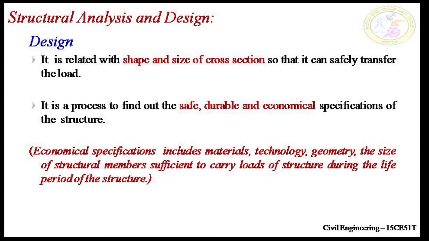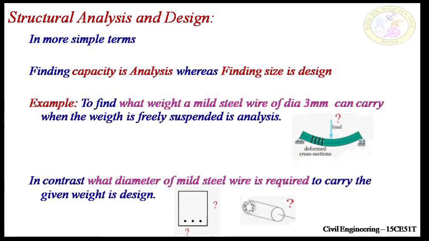The economical specifications include material, geometry, the size of the structure, member which is sufficient to carry loads of the structure during the life period of the structure. In simplest terms, we can say analysis is finding the capacity of a building and design is finding the sizes of the building.